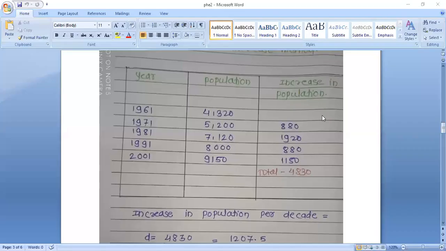Now we have to find out the increase in population. In the previous lecture we had discussed how to find the increase in population. Now see, for the year 2001 the increase in population is the population of 2001 minus the population of 1991, that is 9,150 minus 8,000, so the increase in population for 2001 is 1,150.